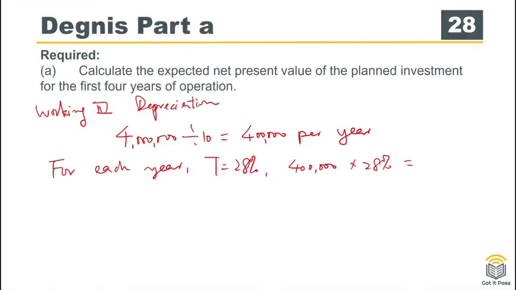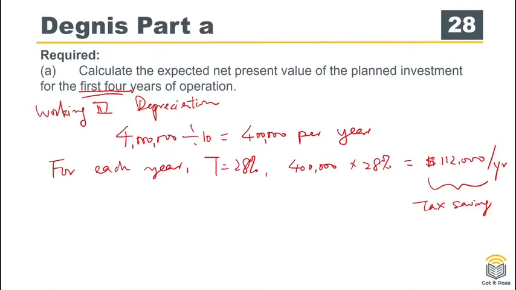It's 400,000 times 28%, which is 112,000 per year. That is the tax saving. Because it can last for 10 years, and the requirement is we only need to work on the first 4 years of operation.